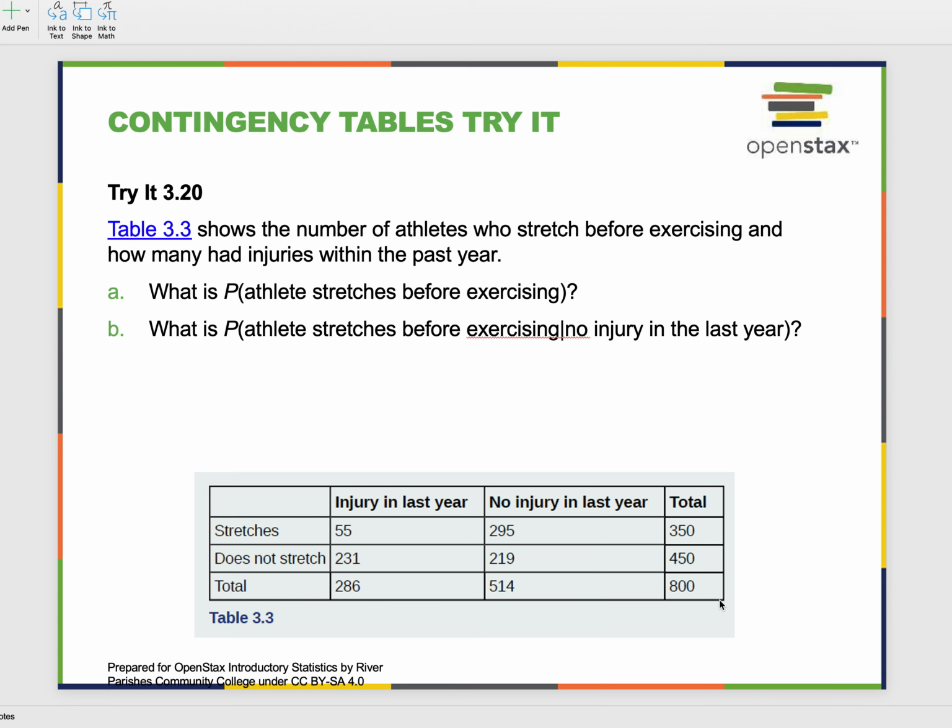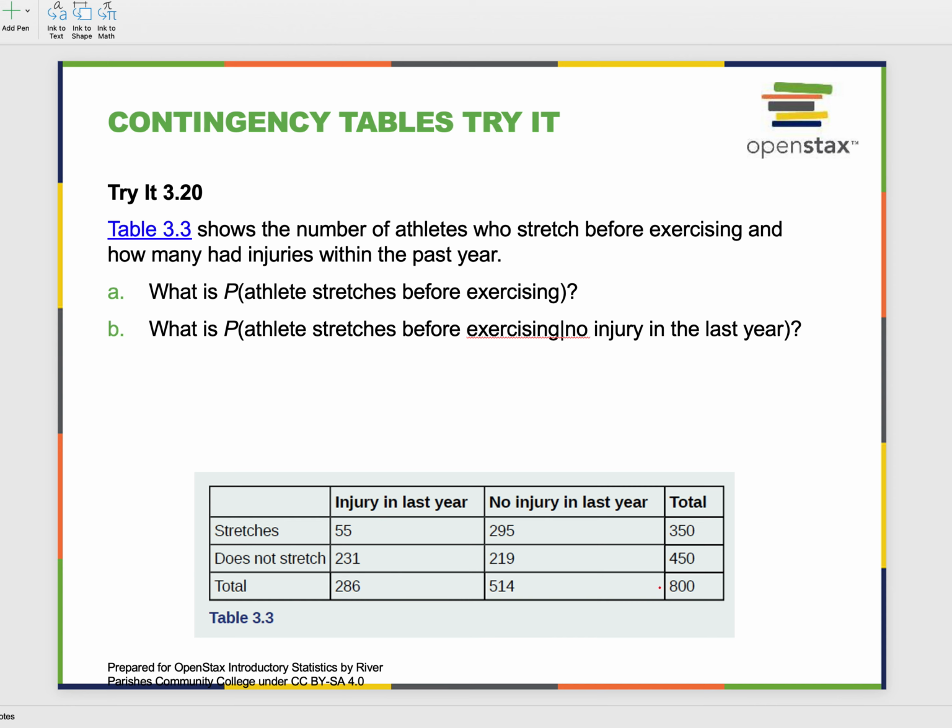I think they say it's better to have stretching both before and after, but let's not. 55 of these athletes had injuries from those that stretched, 231 from those that didn't stretch, a total of 286 injuries. No injuries last year, 295 that did stretches, 219 that didn't, 514. And the totals were 350, 450, and 800 as being the total number.